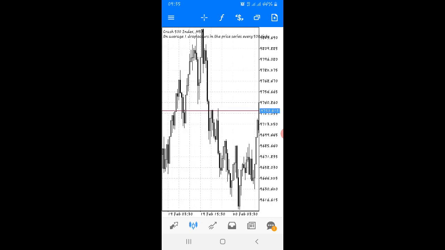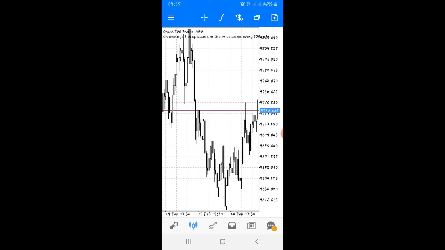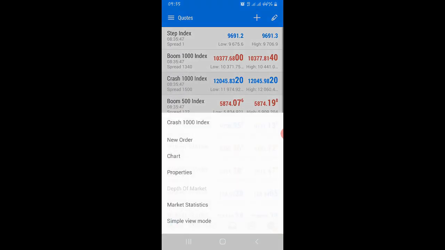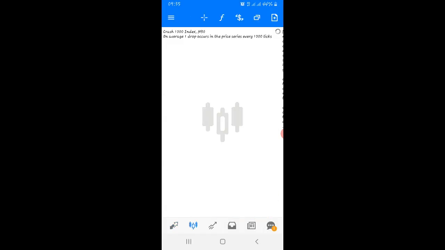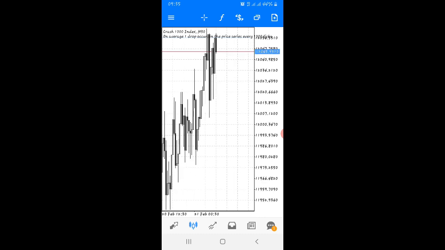You will become so used to it that when you open the crash 500, you just know where it's going because you are really used to it. You have a strategy. I understand everybody does lose from trading, but your profit should be more than your loss. I do lose, but to be successful is to have more profit and lesser loss.